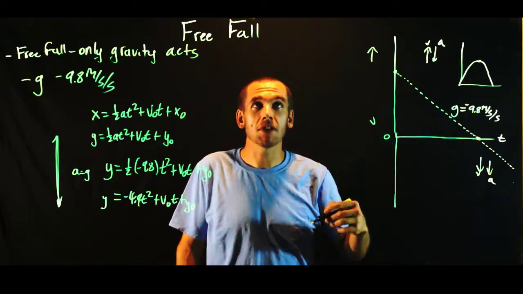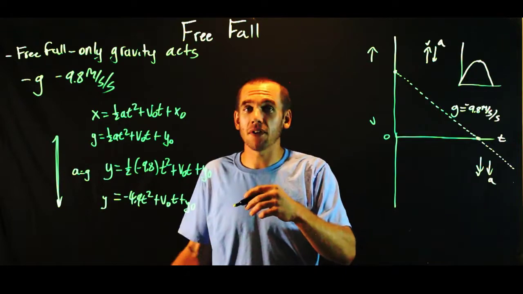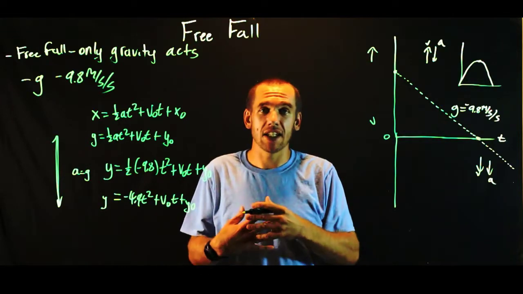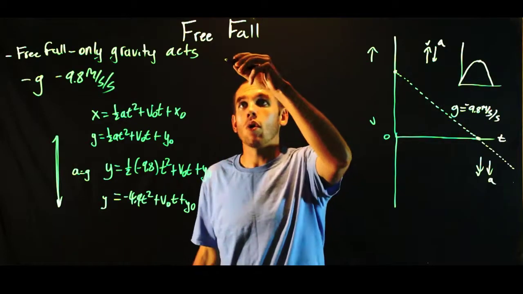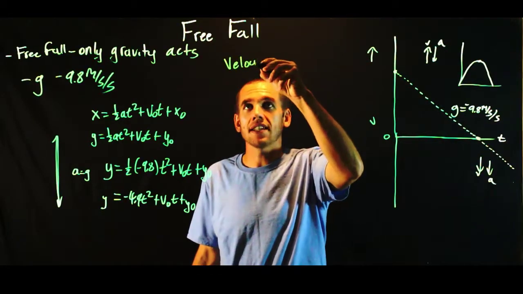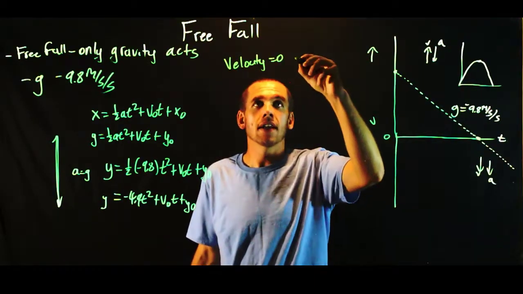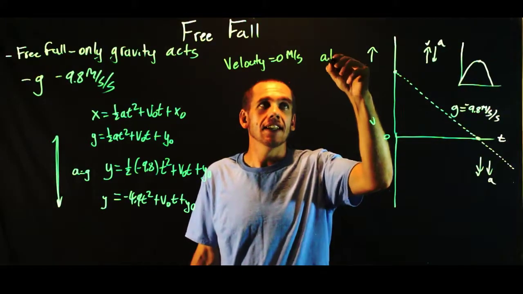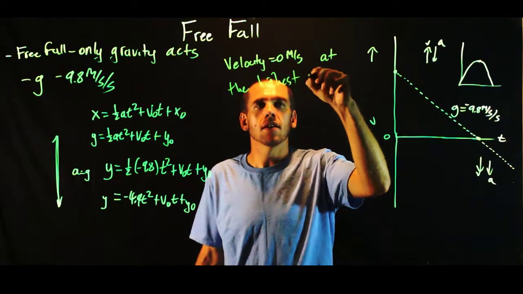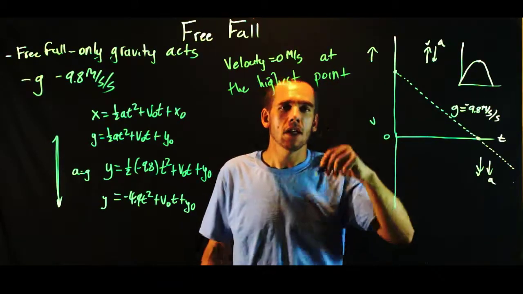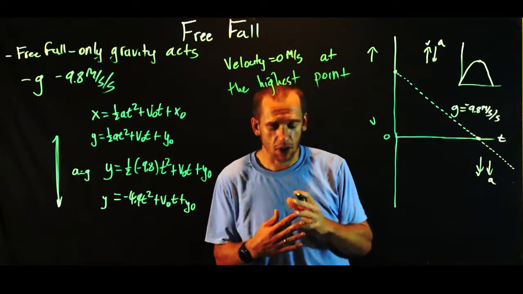One common mistake that people make when they're solving free fall problems is they say that it's got an initial velocity of 0 or a final velocity of 0, and that's not the case. What we can say is the velocity is 0 at the highest point.